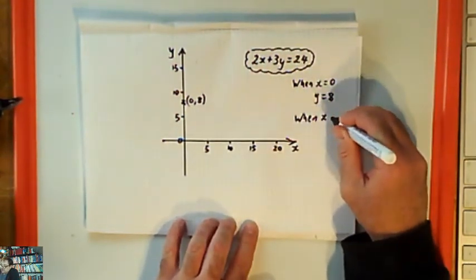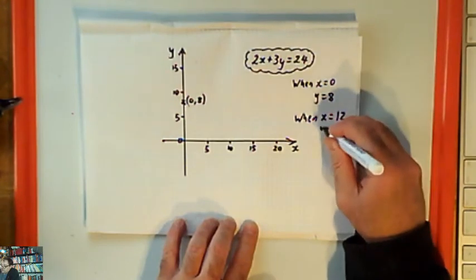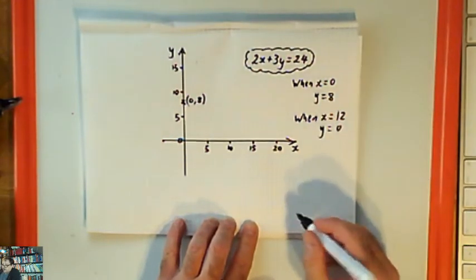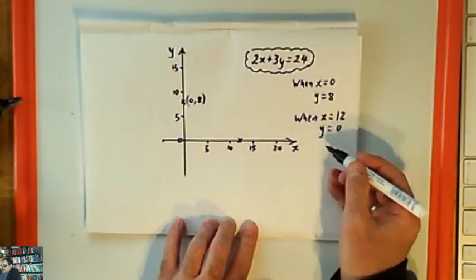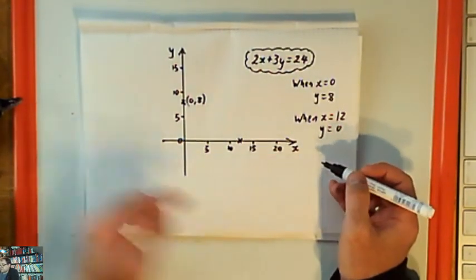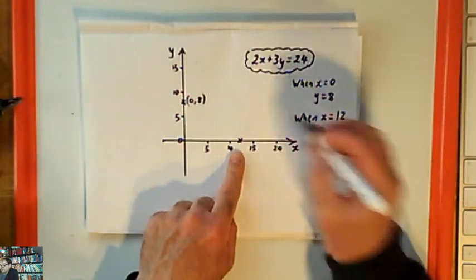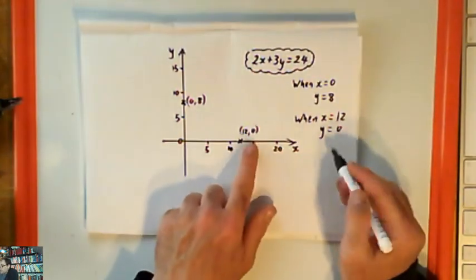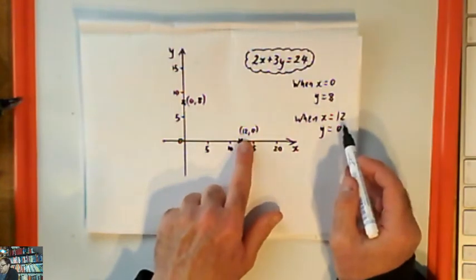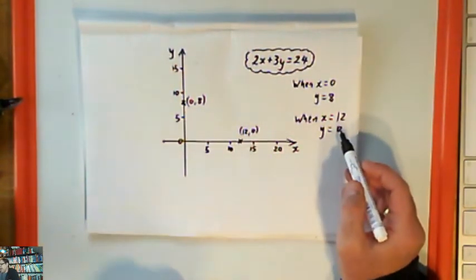So when x equals 12, y is 0, and that tells you that it cuts the x-axis at the point 12, 0. When y is 0, x is 12, and that gives you a point on the x-axis.